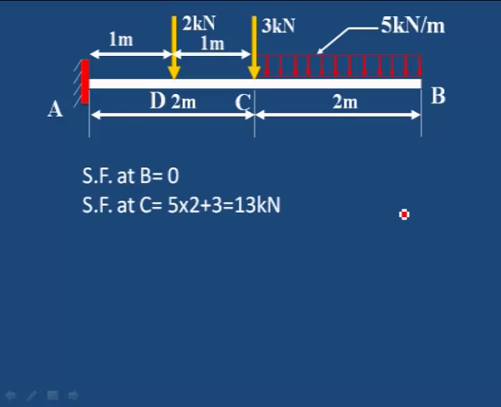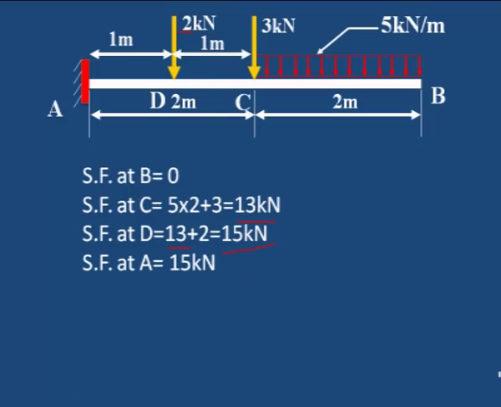Shear force at C is 5 into 2 is load plus 3 kilonewton added here, that is 13 kilonewton. Shear force at D is 13 kilonewton, this value plus 2 kilonewton added here, 15 kilonewton, and shear force at A, no further load is added, 15 kilonewton.